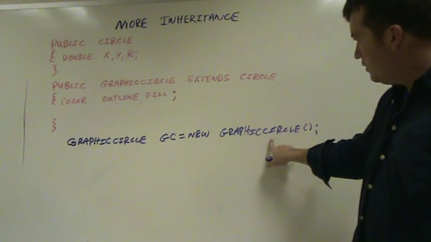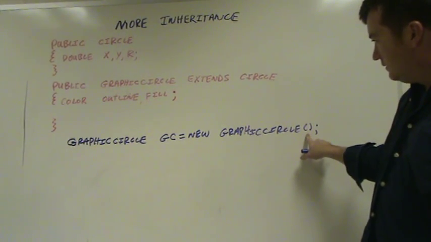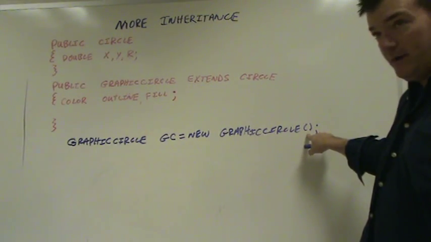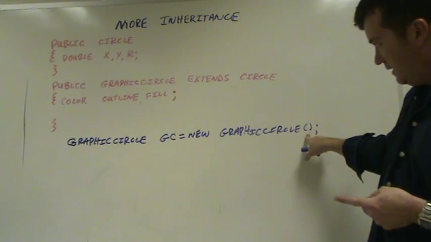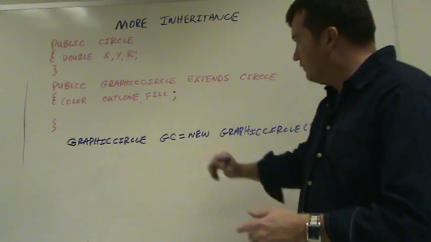This means run the constructor that takes in no parameters, the default constructor. Run that constructor, create an object, and have GC refer to it.